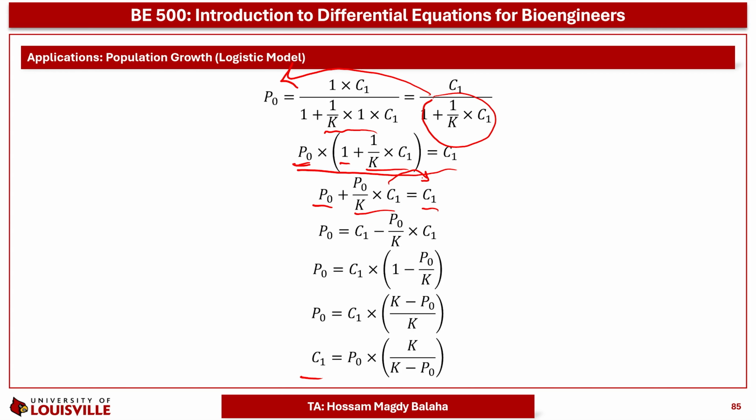Move C1 to the other side, so P naught will equal C1 minus P naught over K multiplied by C1.